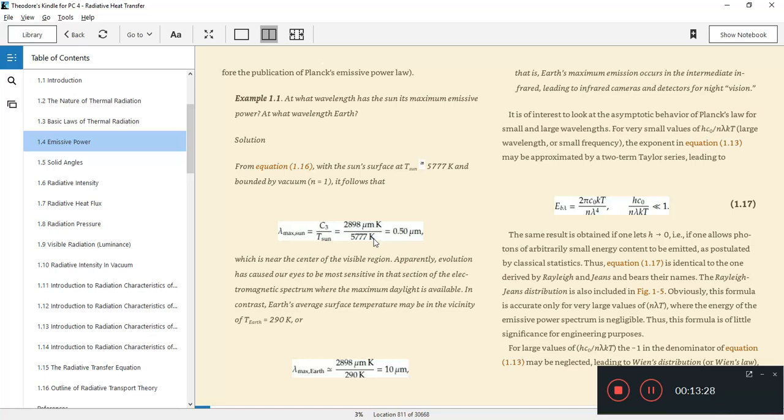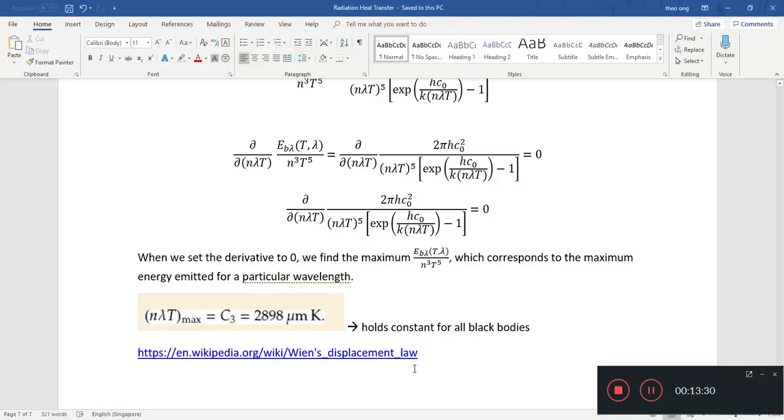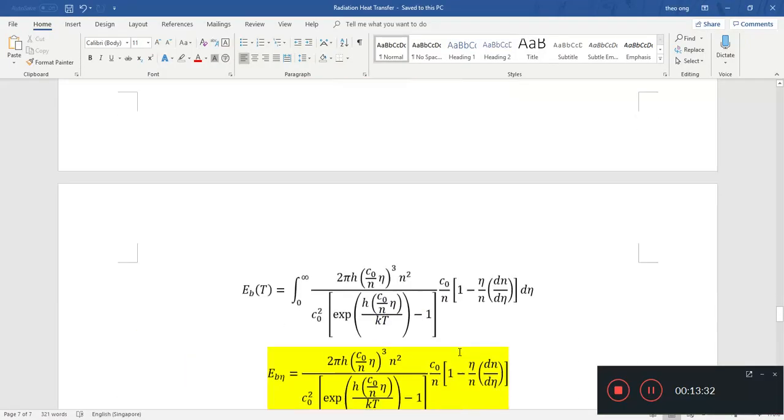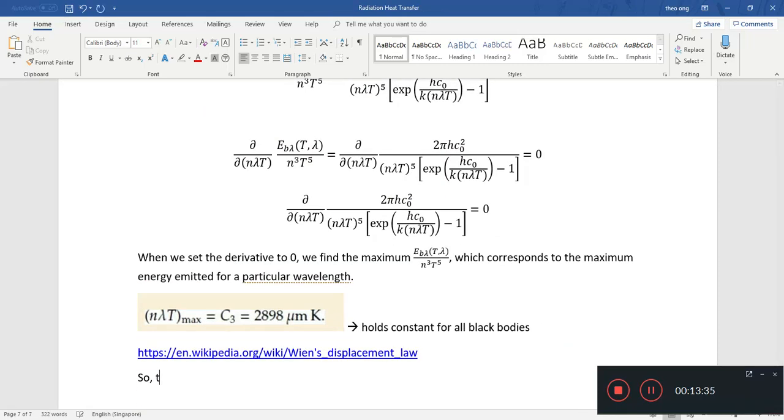So this is basically what the black body emission pattern is like. Planck's law describes black body emission.